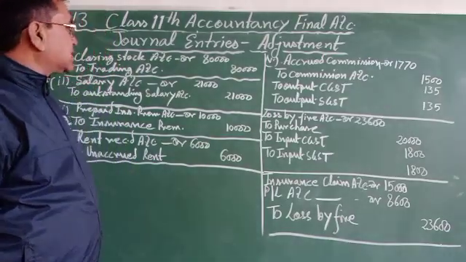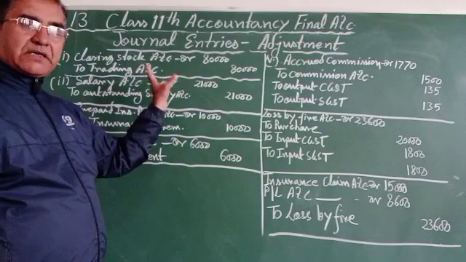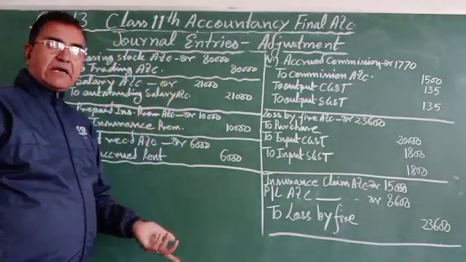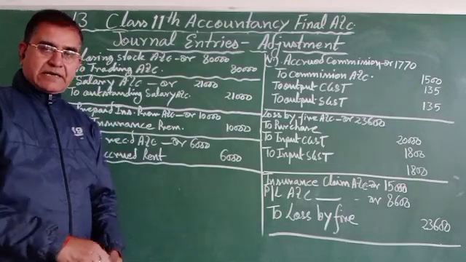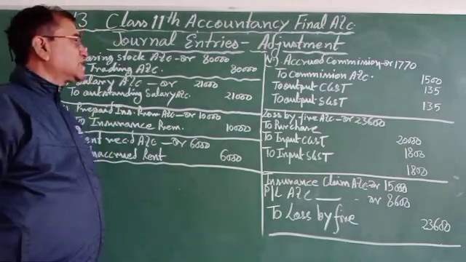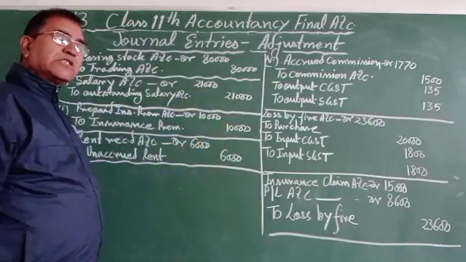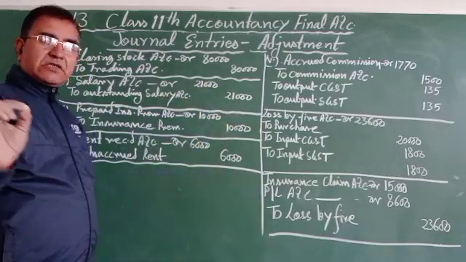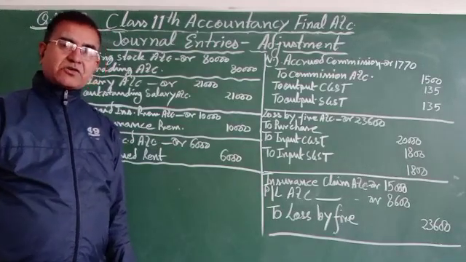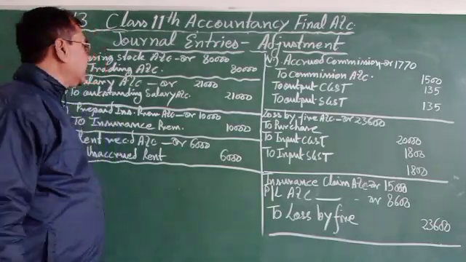Now here you can see, my dear, again in question number 13, that is given the closing stock in additional information, how the general entries are passed relating to goods in GST. Closing stock refers to such goods which remain unsold at the end of the year.